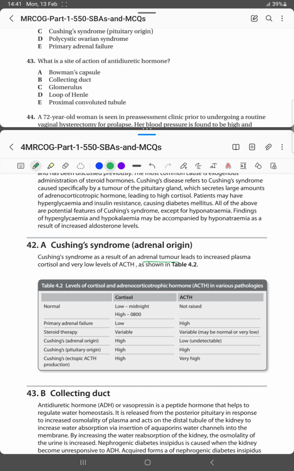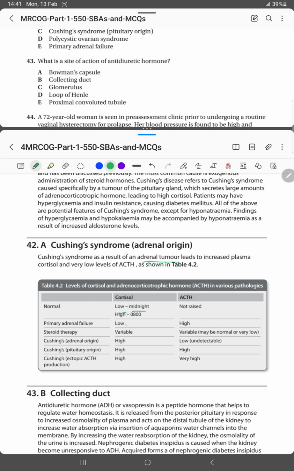So these are the laboratory investigations of the levels of cortisol and adrenocorticotropic hormone in the pathologies, and how you differentiate them. Normally cortisol is low at midnight and high at 8 a.m., and ACTH is not raised.